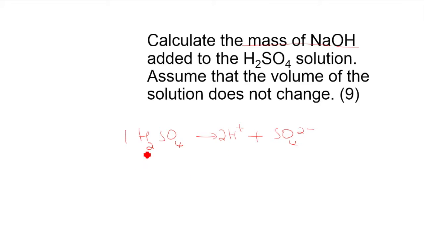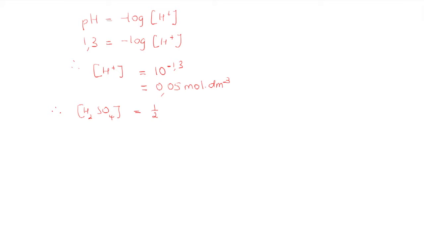So if the concentration of this one is 0.05 and this is X, then cross multiplication gives 2X equal to 0.05 multiplied by 1. So X is equal to half of this.